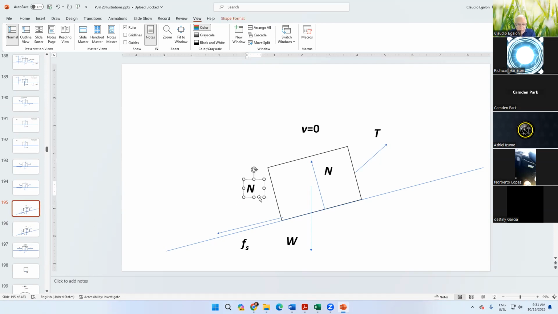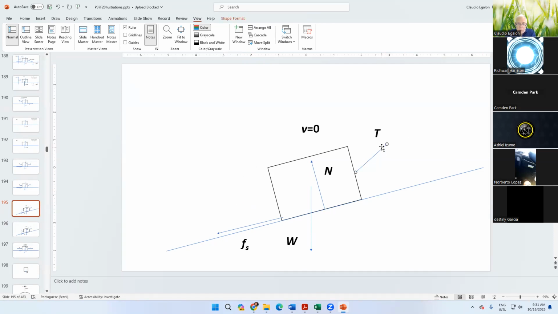Let's go. Now the object is resting over an inclined surface. And this object is not moving. The tendency of this object is to slide down. But because it is at rest, there must be a force of static friction here. That's the physical situation that we have.